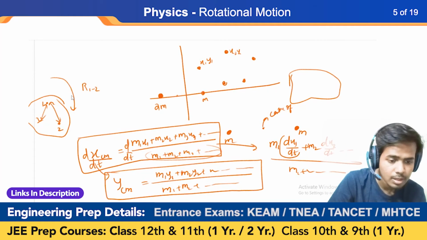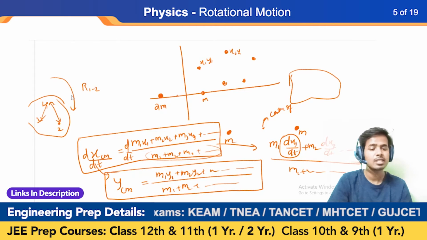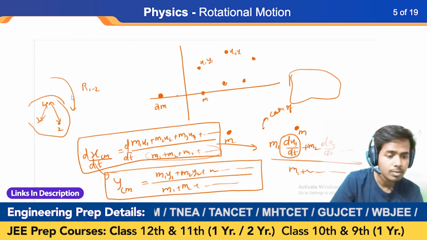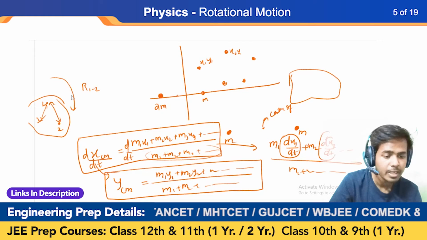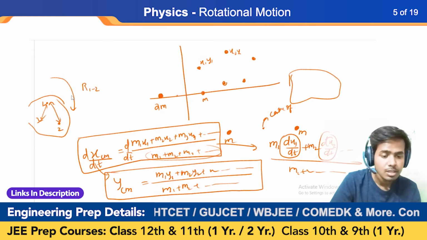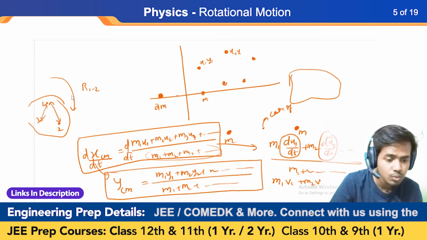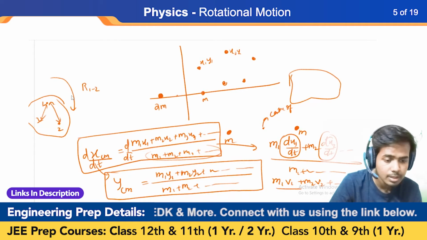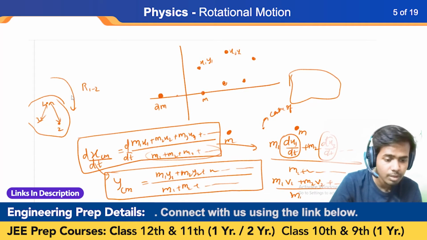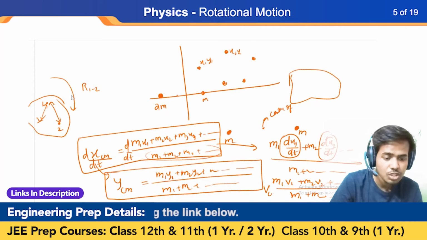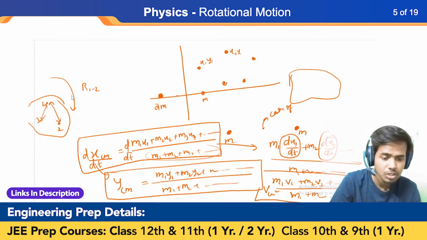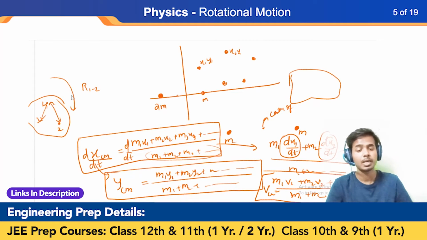What is this? It is nothing but the velocity of the x1 particle, and this is the velocity of the x2 particle in the x direction. So it means m1 v1 plus m2 v2 and so on, divided by m1 plus m2 and so on, should be the velocity of the center of mass of the particles.